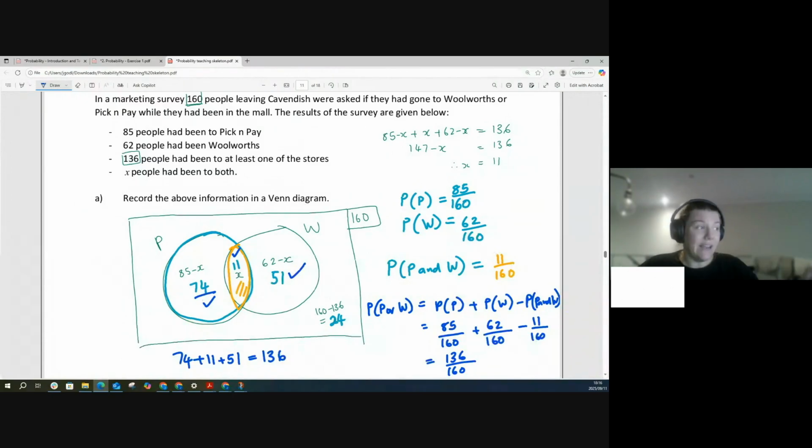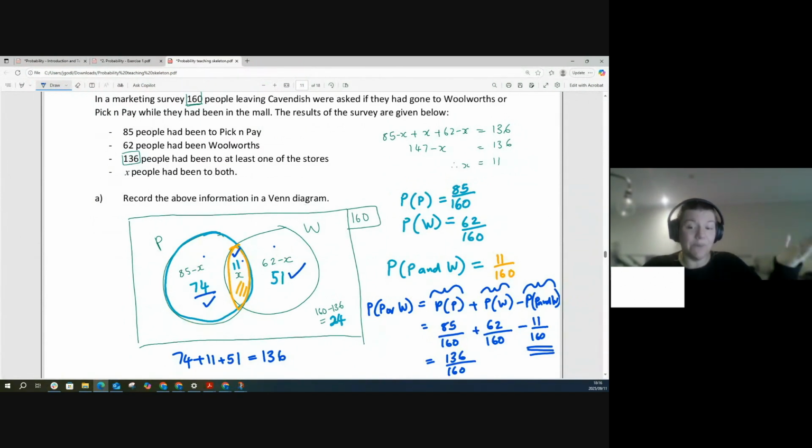So Oyanda, when you're doing your or, you can absolutely add all three of those. If you're doing it this way, the reason we're minusing this and situation is because we're not just looking at the 74, we're looking at the probability of the whole of Pick and Pay and the probability of the whole of Woolworths. And so we have to minus that. Otherwise, we're including this 11 twice, and we can only include it once.